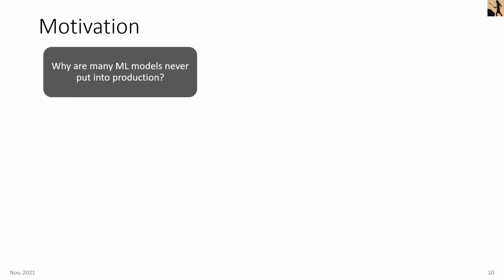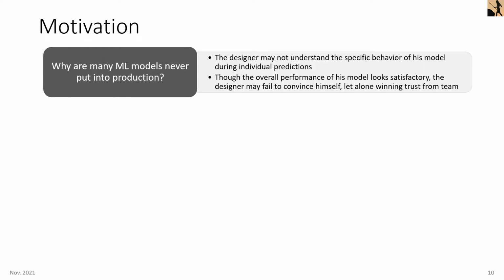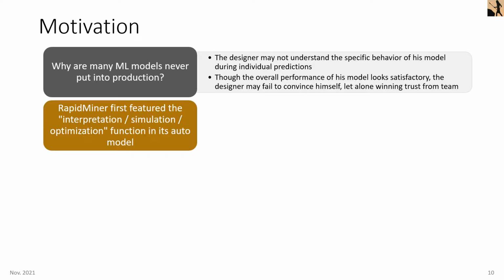Okay, so the motivation here is, why are so many machine learning models never put into production, right? The designer may not understand the specific behavior of his model during individual predictions. So even though the overall performance of his model looks good, the designer may fail to convince himself, let alone winning the trust from the team.